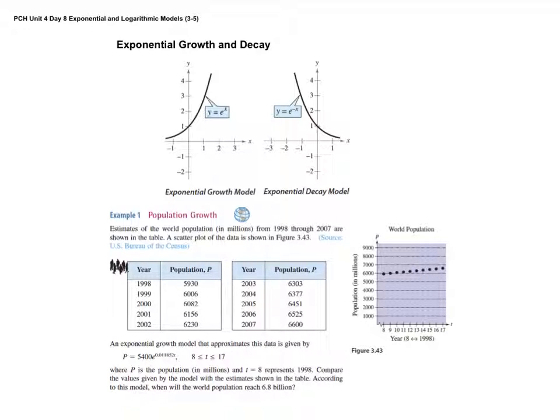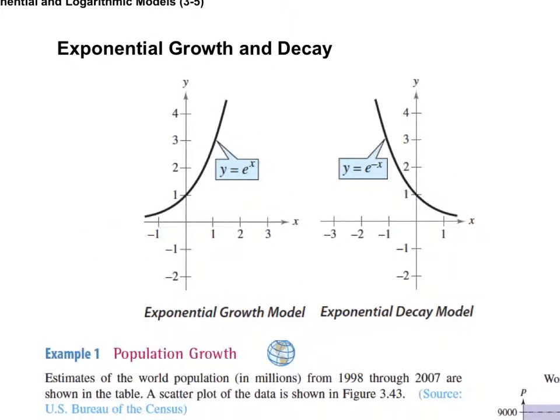The growth obviously is going to be increasing. Notice here, the decay is when our exponent is negative, okay? Which makes sense, because what does multiplying x by a negative do to our graph? 1 over that. Makes it a fraction. Reciprocal. Fraction. Okay, think about the graph. What does it do to the graph? It reflects it across the y-axis.